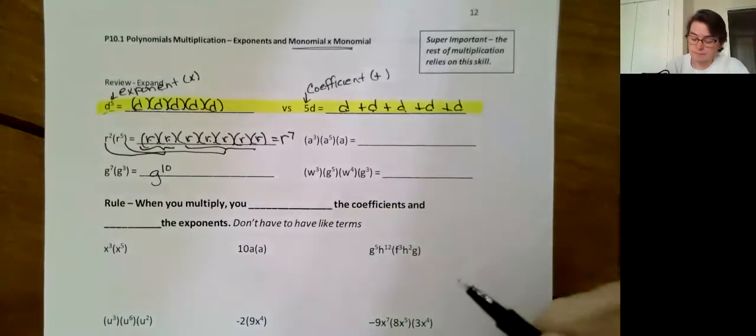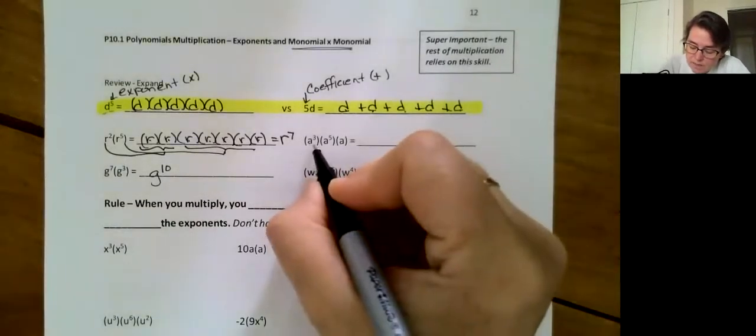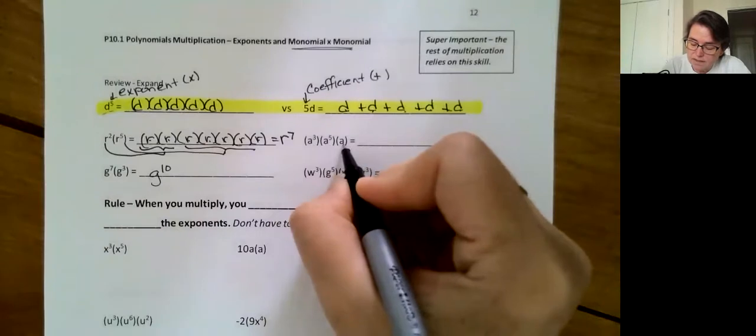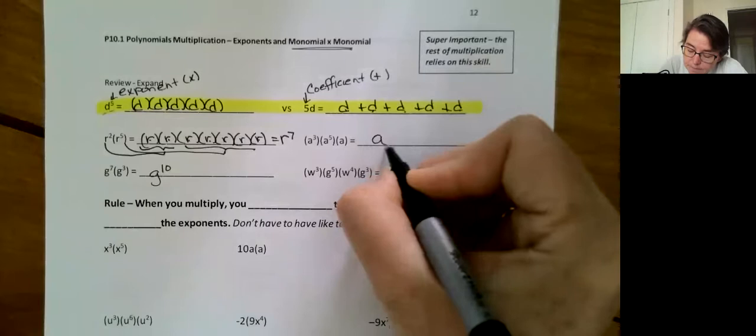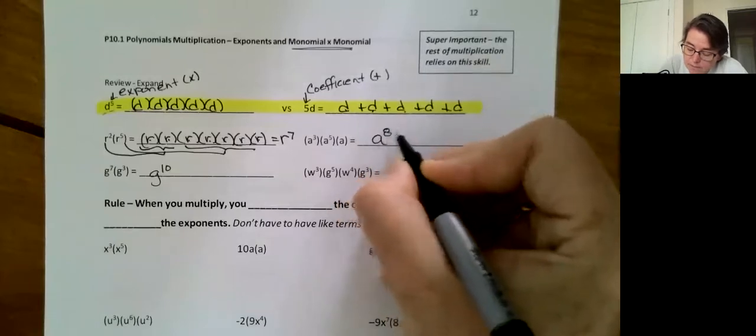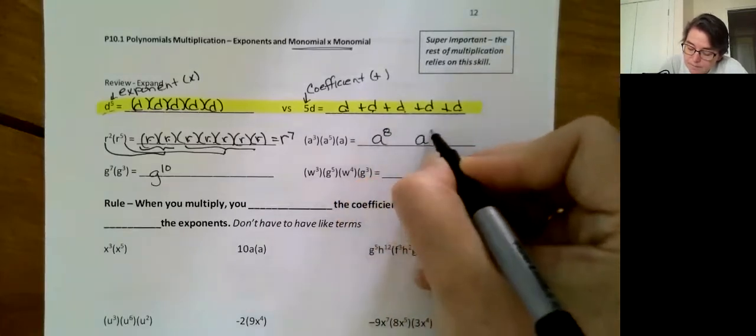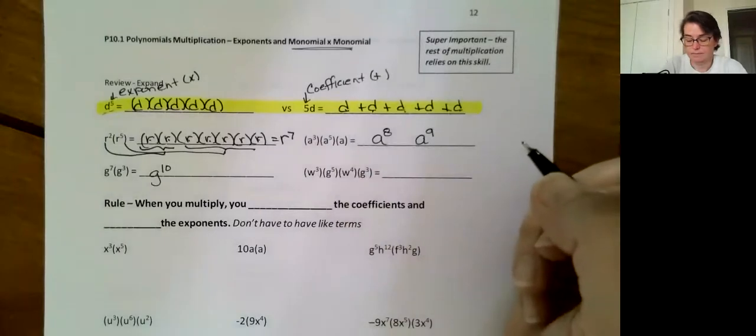It's all good. Now, A3 times A5 times A. What's the answer there? Let's see, is it this one? Or that one?